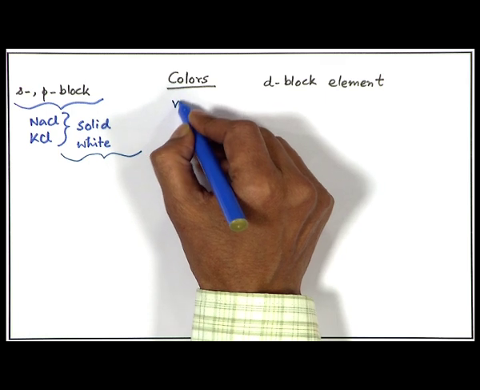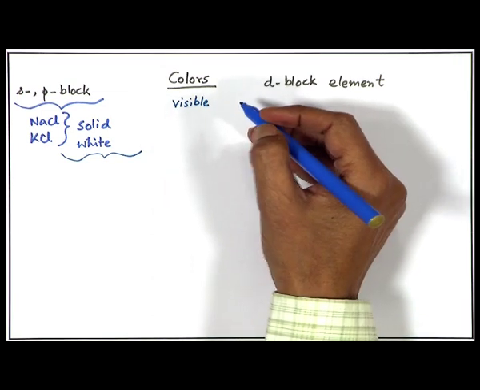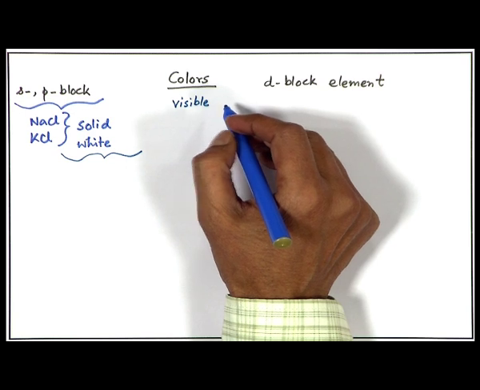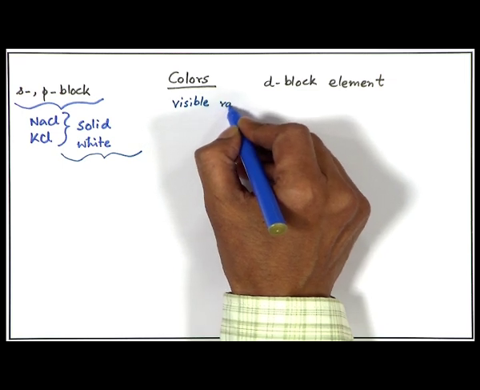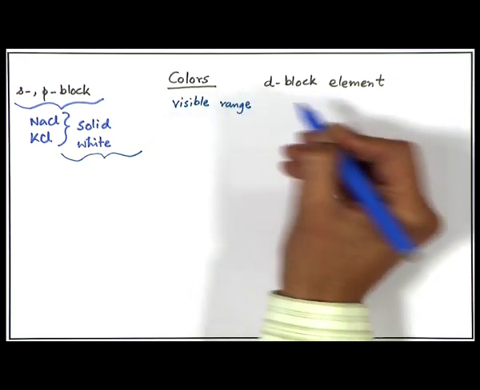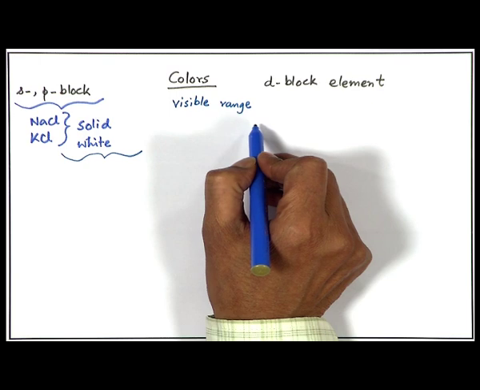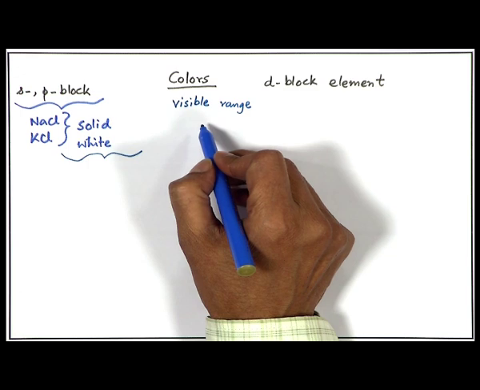So we see that the colors of these compounds, whether they are metal salts or ions in solution, are colored in the visible region, because our eyes can detect only those colors where we have some absorption in the visible range.